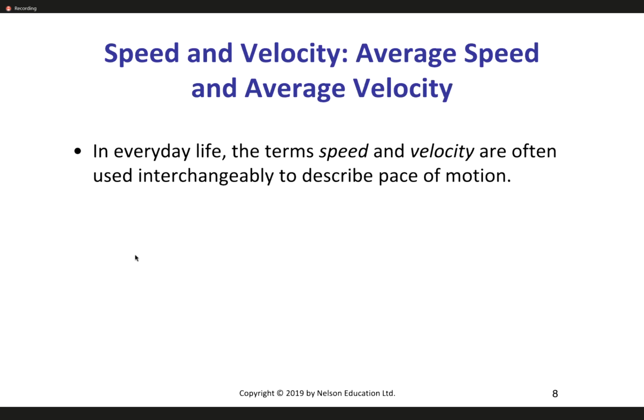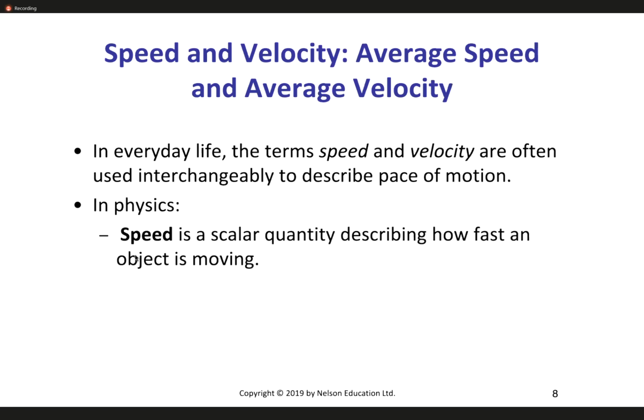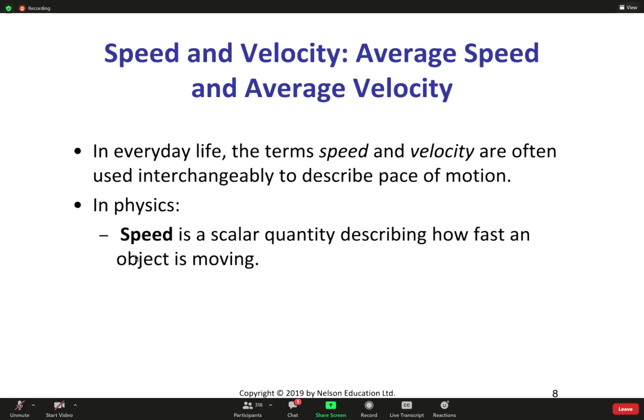Now, in physics, we always use the terms speed and velocity, but in everyday life, those are used interchangeably. But strictly speaking, speed is always going to be a scalar quantity that just represents how fast an object is moving. So if I'm walking down the road, I might say I'm walking at 3 meters per second.